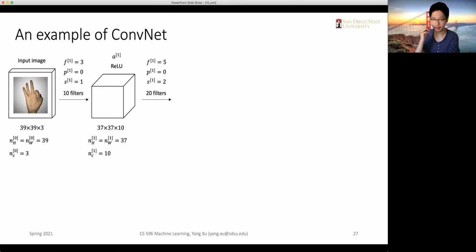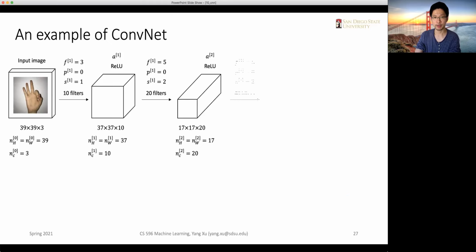We apply 20 filters this time, so the result is 17 by 17 by 20. You see the matching relationship now: the 20 matches the 20. Again we apply a ReLU, that's our A2, and we're not going to stop here. We will further apply some very large filters.